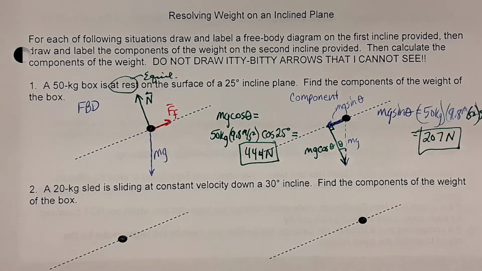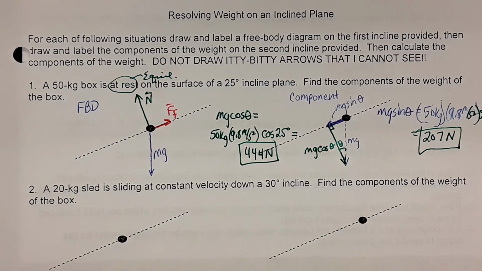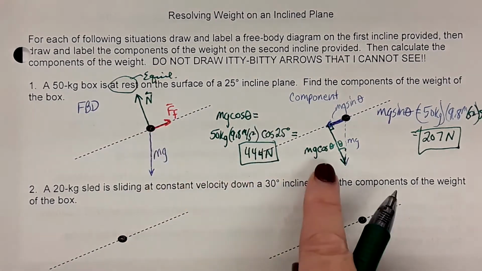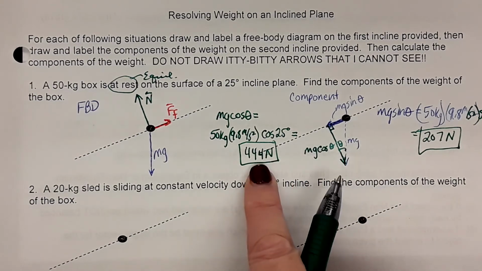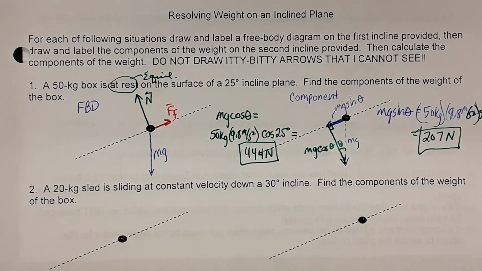It just points up the incline instead of down, because it's preventing the box from sliding down. If they asked you for the normal force, you'd think, okay, we're in equilibrium, so the normal force is being balanced by mg cosine theta. Since mg cosine theta is 444 newtons, so is the normal force. They balance to 0. Isn't that cool?